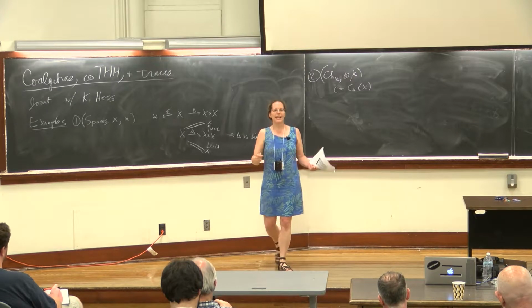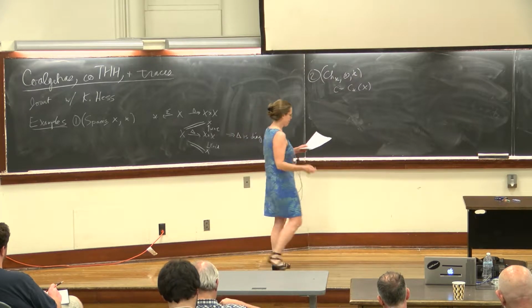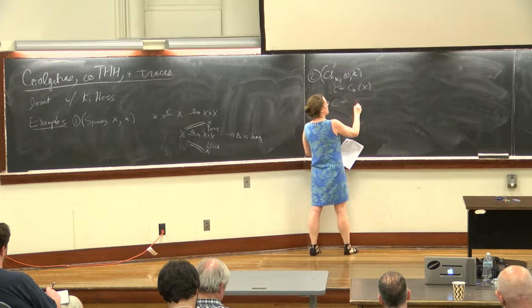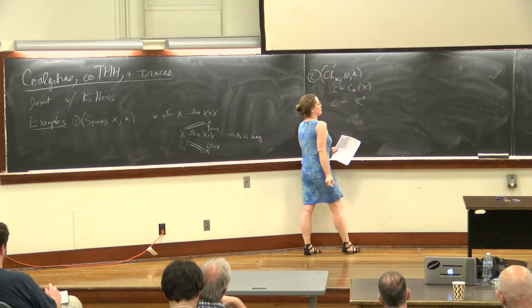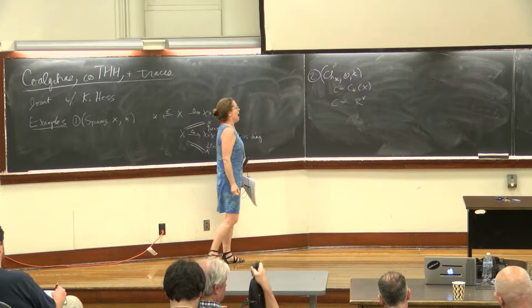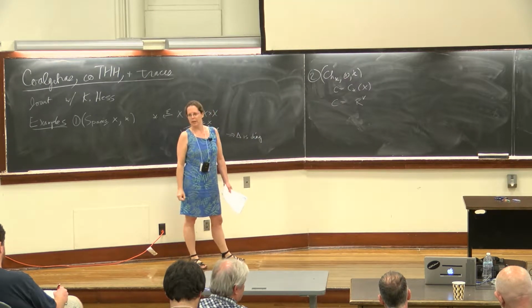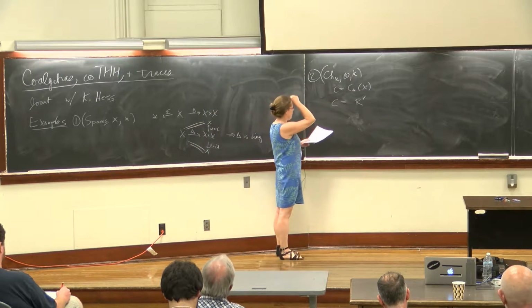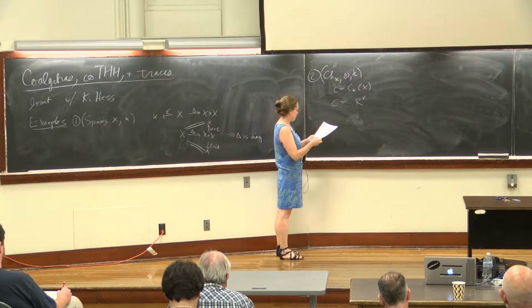And of course, it's not necessarily co-commutative. Another example that we might use is to take your favorite differential graded ring and take its vector space dual. Then, with some finite type conditions, we get a coalgebra.